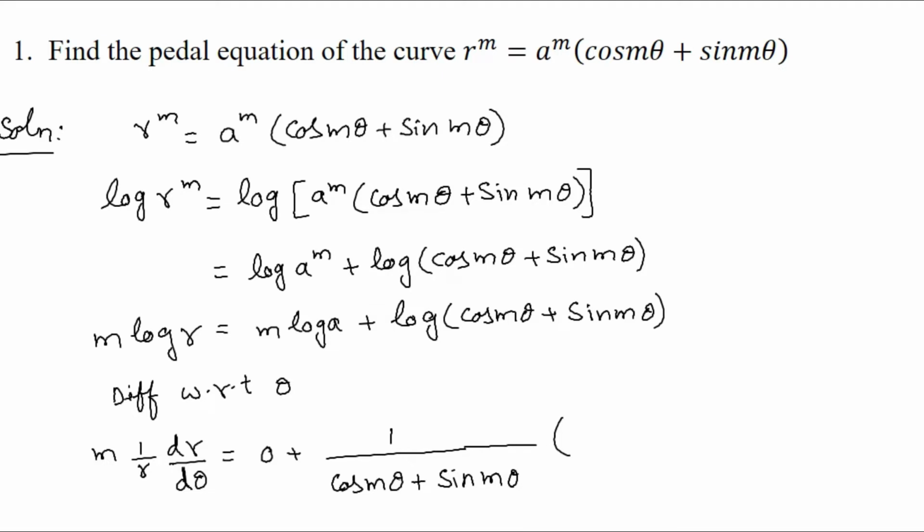Further, differentiation of cos m theta will be minus sin m theta into m, plus differentiation of sin m theta will be cos m theta into m.